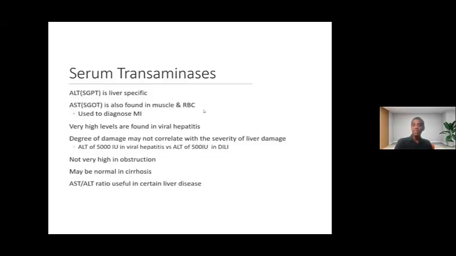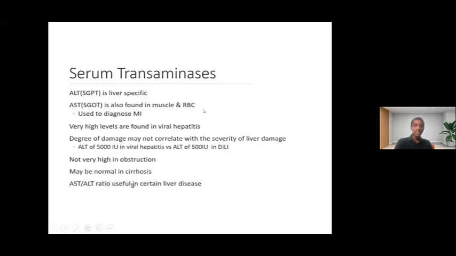Sometimes it may be normal in cirrhosis, because you need some live cells in your liver to produce the liver enzyme. If there's cirrhosis, you might not see the elevation unless there is ongoing hepatitis, an ongoing insult like continuous alcohol intake.